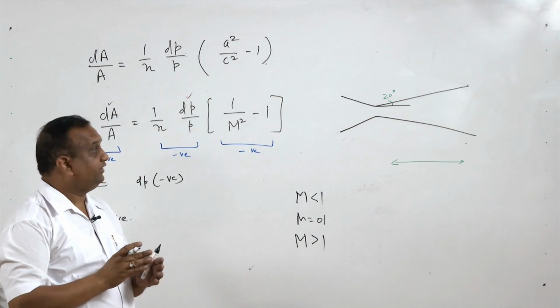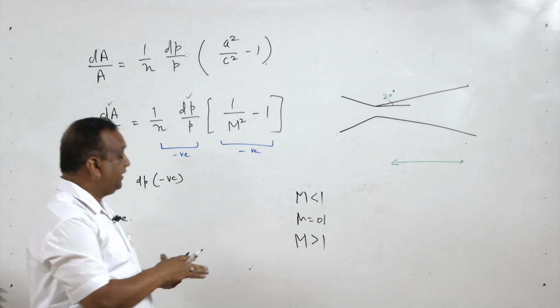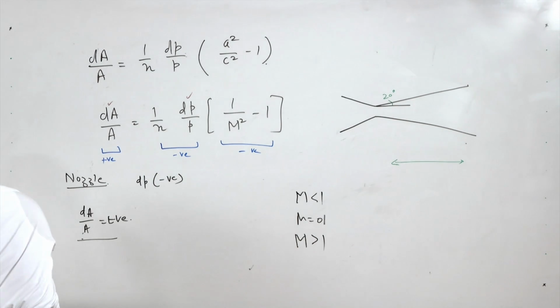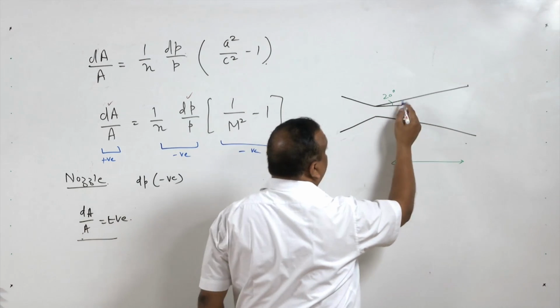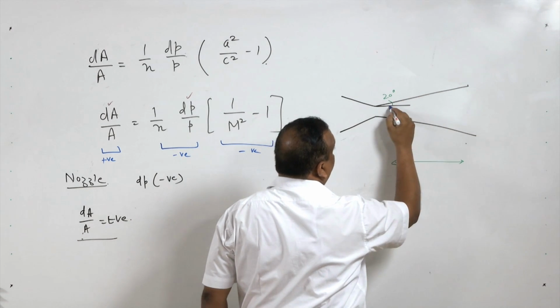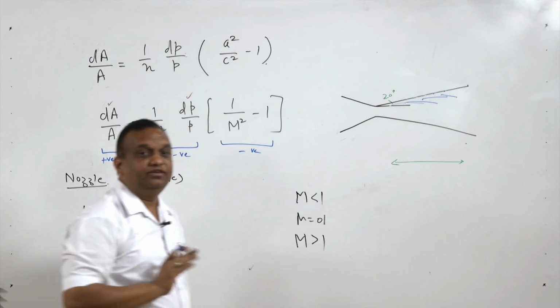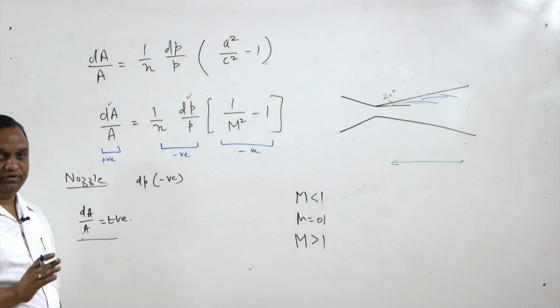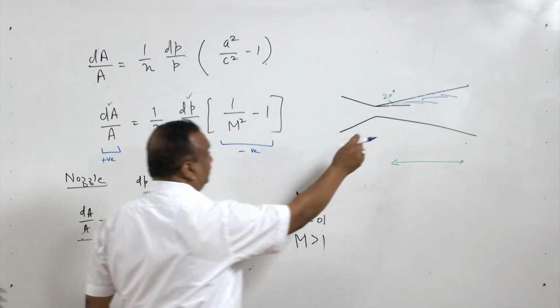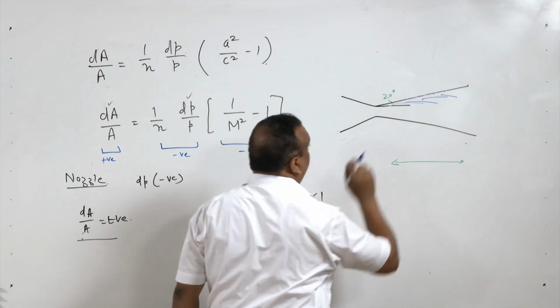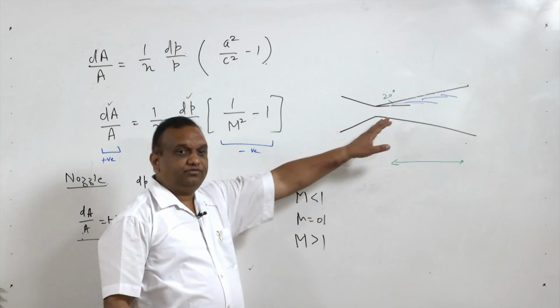If this angle is more than this, separation of flow will take place from the wall, because this is a diverging passage. This will incur losses in the flow of the fluid and reduce the efficiency of the nozzle.